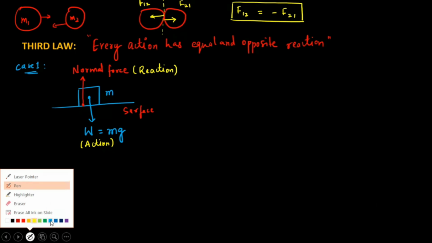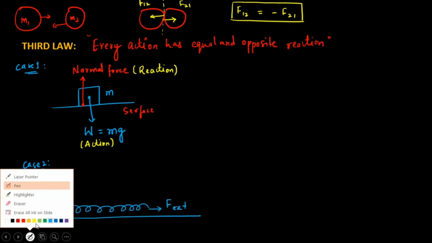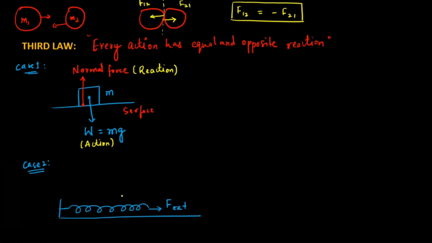Similarly, let me show you another case, introducing you to another type of force that you might encounter in upcoming units. Suppose there is a spring, and I apply some external force onto this spring. Because of this extension, the spring will apply another force, called spring force, which is in the opposite direction of the external force. Why is this acting every time?